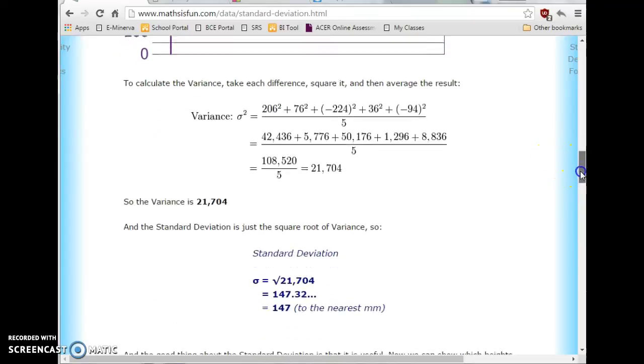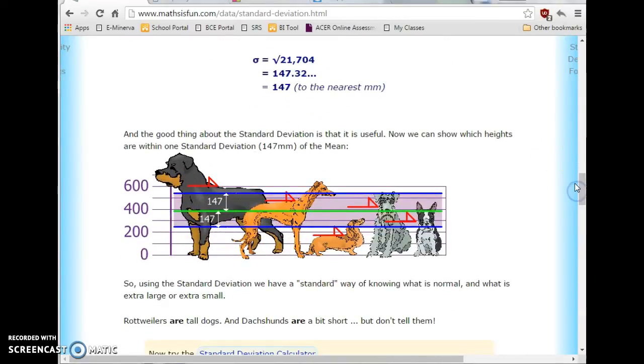And then you find that the standard deviation is 147.